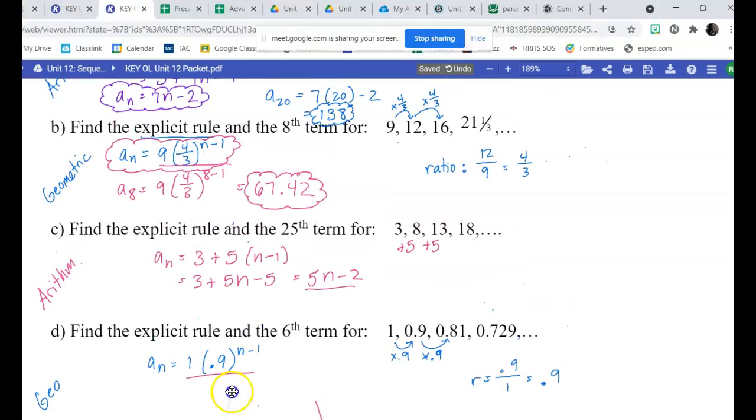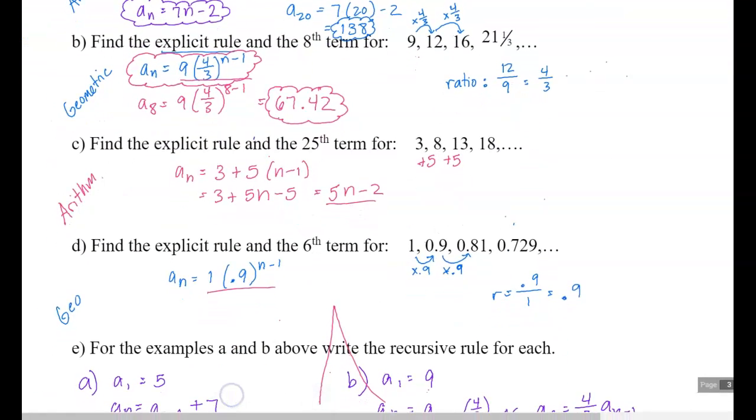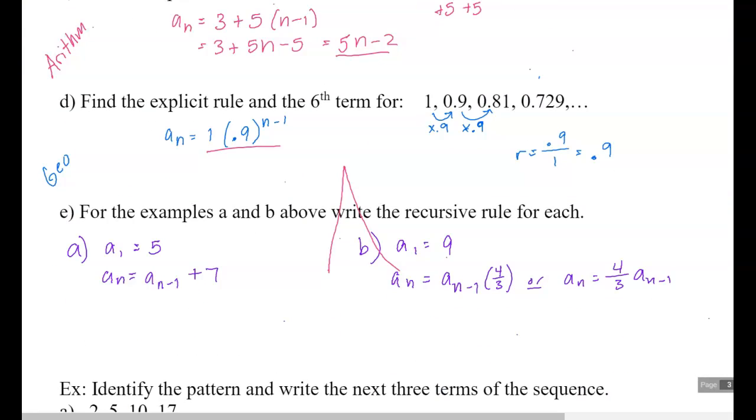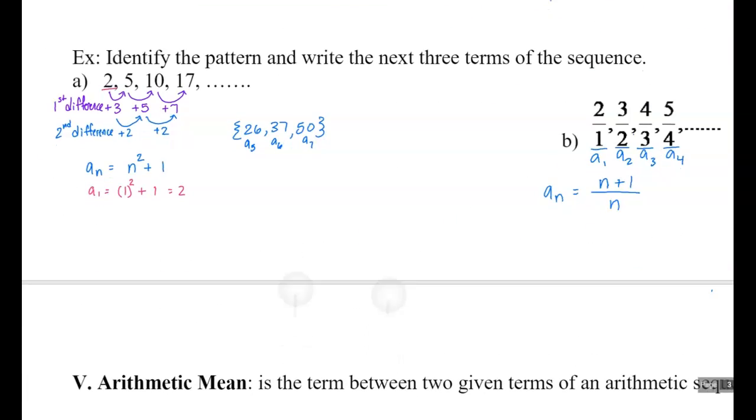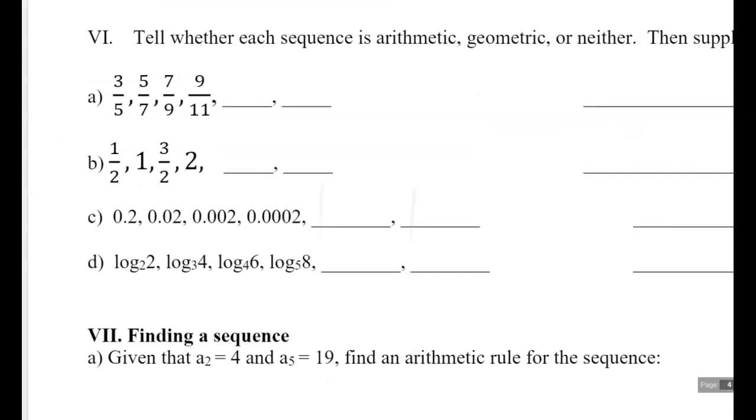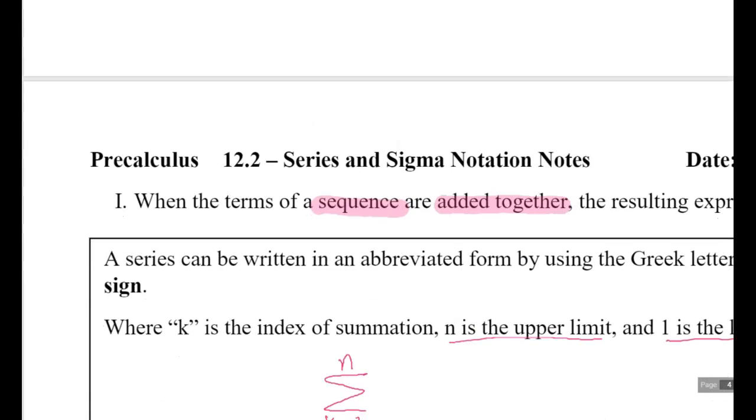So after the sigma notation, we write down the definition of the sequence we're dealing with, whatever that may be.